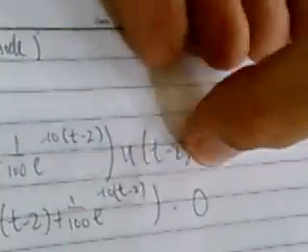We substitute u(t minus 2) to 0 because it is at off mode. Then this times 0 is equal to 0. Therefore, this one minus 0 equals this.